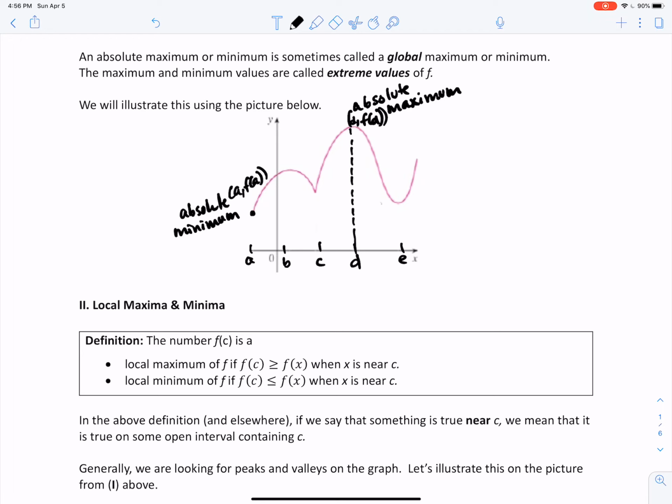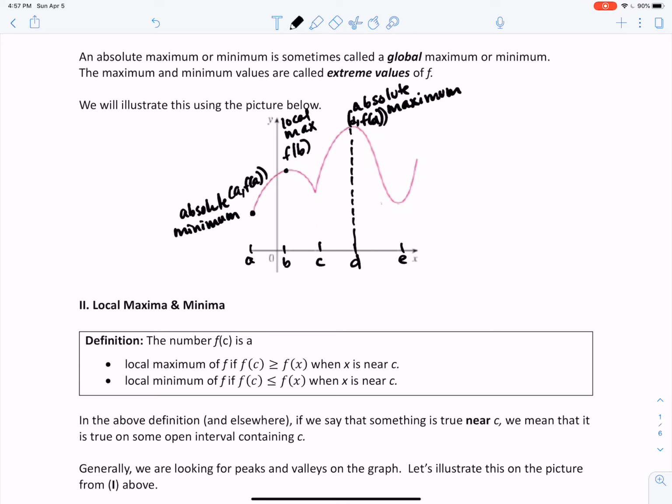Looking back at the graph, if we consider only values of x near b, for instance, if we restrict our attention to the interval a to c, then f(b) is the largest of those values of f(x) and is called our local maximum of f.